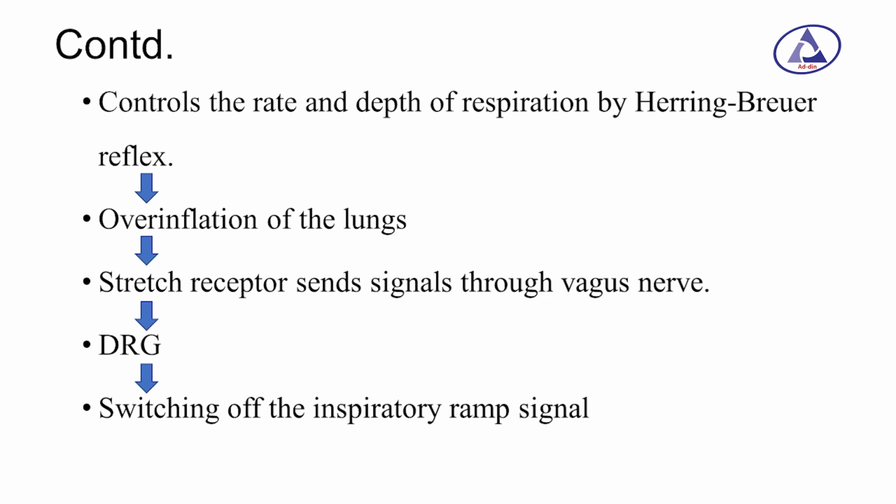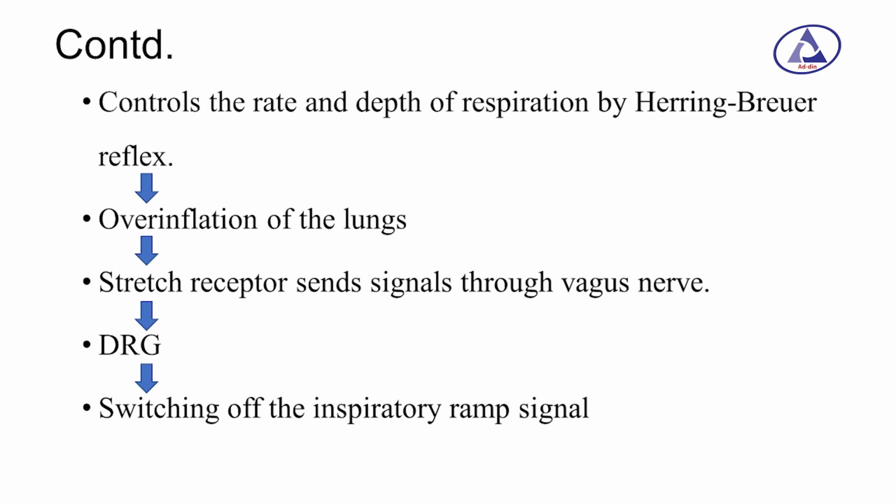Then what happens? Stretch receptors send signals through the vagus. Our limitation in each normal breath is 500 ml tidal volume. We take in and give out 500 ml of air. So the maximum capacity of the lungs is 3 times the tidal volume. How much is it? Is it 1500 ml?